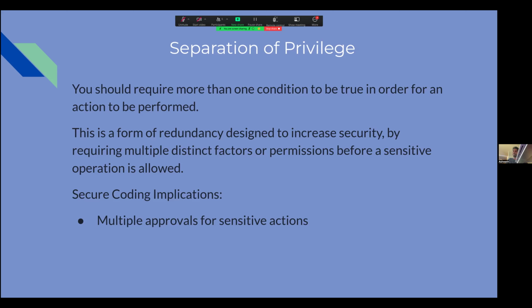Every principle has its nuances and what it brings to the table. When it comes to separation of privilege, there could be an application that allows users to transfer funds, but in that case it should not only require a password, it should also request an MFA, right? So we're trying to separate the privileges here.